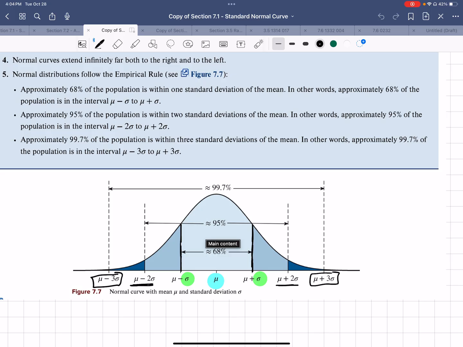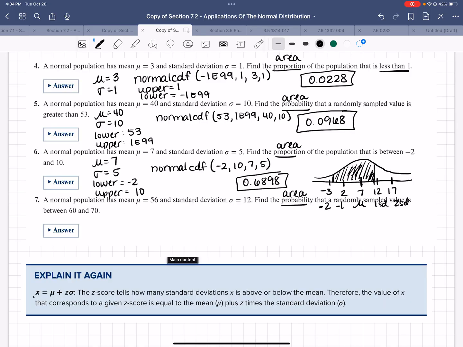Here I'm not quite up to 1 at the 10, with the 12, but I'm a little past 1 on the lower side, at -2. Because the empirical rule says 1 standard deviation away is about 68%, it's going to be at least 68%, and it's nearly 69%.